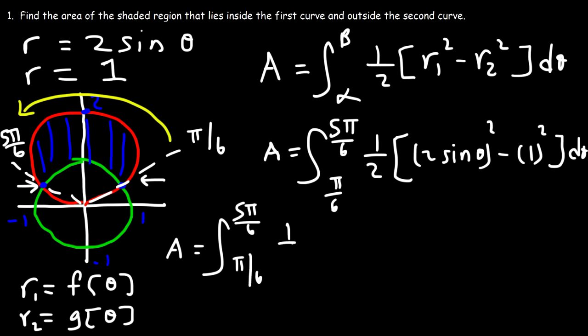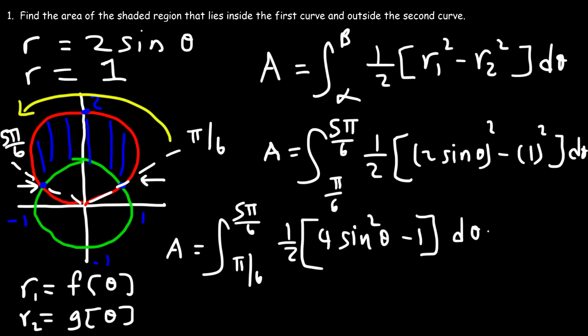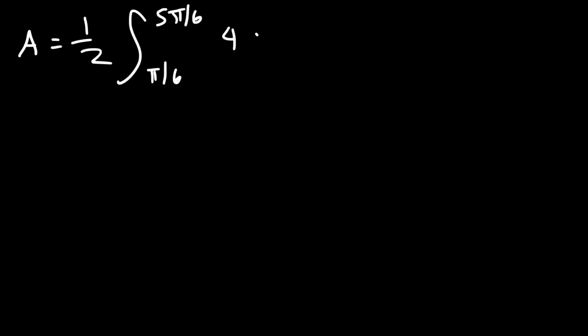So this is going to be 1/2 of 2 squared is 4, so we're going to have 4 sine squared theta minus 1, and then d theta. And let's move the 1/2 to the front. So now it's just 4 sine squared theta minus 1.